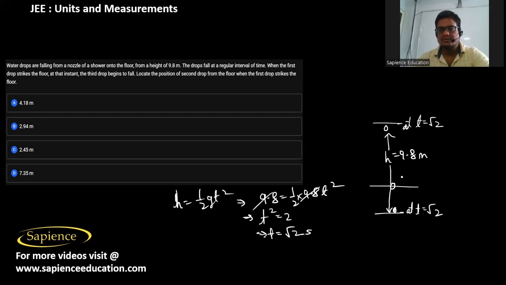And the second ball will be somewhere here, let's say at height x from the ground. Locate the position of the second drop from the floor when the first drop strikes the floor. So this x has been asked. This distance is h minus x, which we can find out.